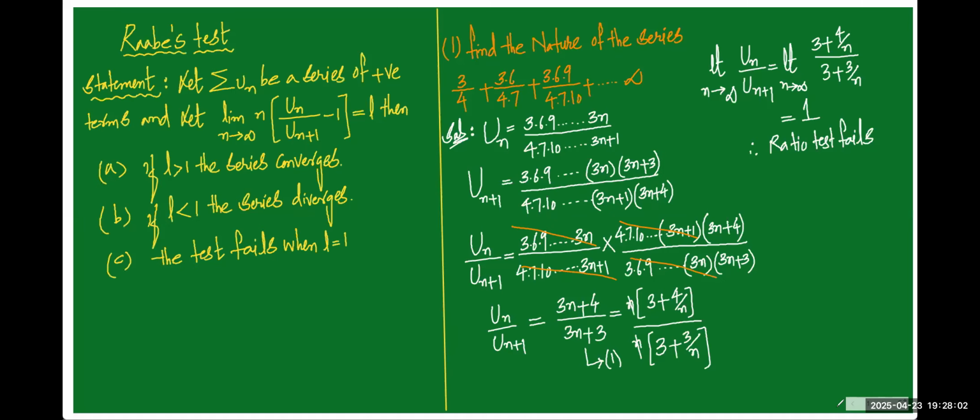So now this step I am writing again. Un by un plus 1 value is equal to 3n plus 4 by 3n plus 3, before taking n common. From this only we have to subtract 1 on both sides, because we are applying Raabe's test concept.